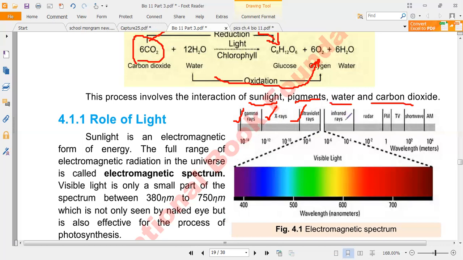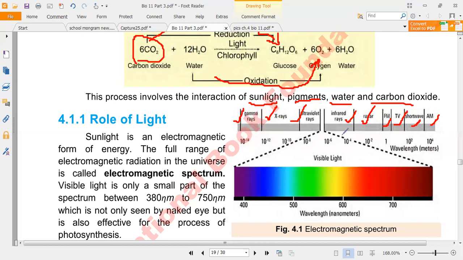Then we have infrared rays and radar rays, which are used for military purposes. Then we have FM rays, like radio waves, TV, and short waves. All these electromagnetic rays are used in our daily life, like for TV, radars, and radio.